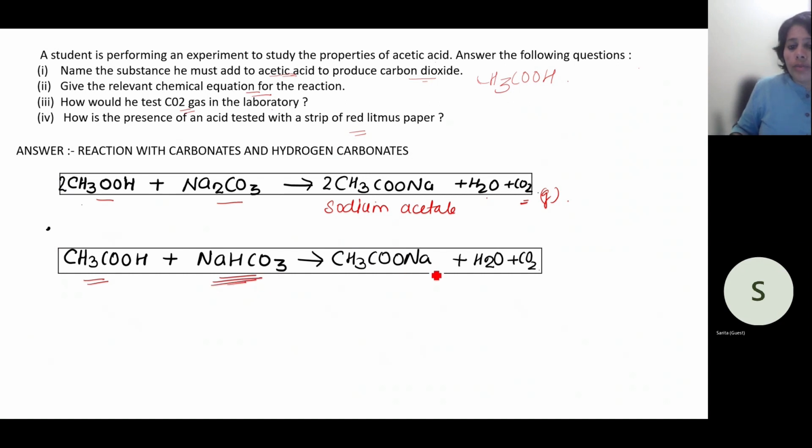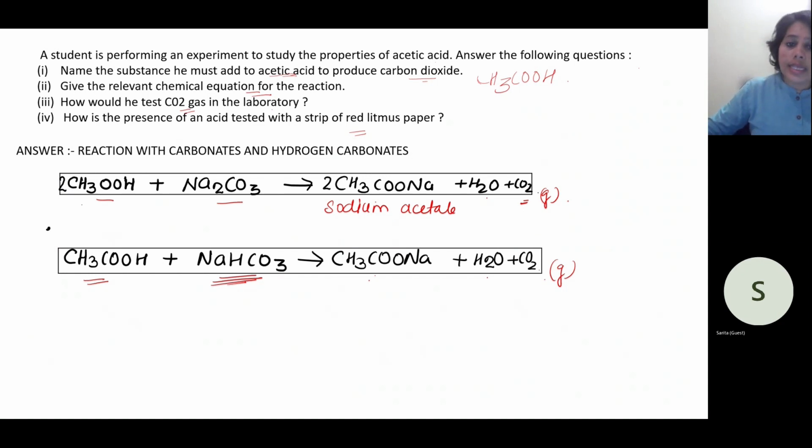Again, we will get sodium salt of acetic acid, that is sodium acetate plus water plus carbon dioxide gas. So in both the reactions, whenever the acetic acid reacts with sodium carbonate or sodium hydrogen carbonate, we will get sodium salts of acetic acid. So here the gas which is released is carbon dioxide gas.